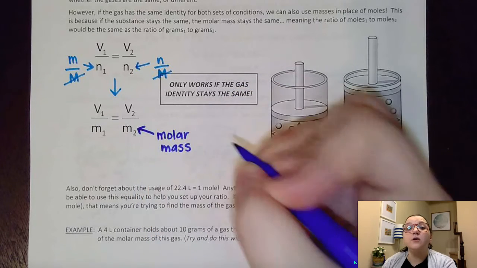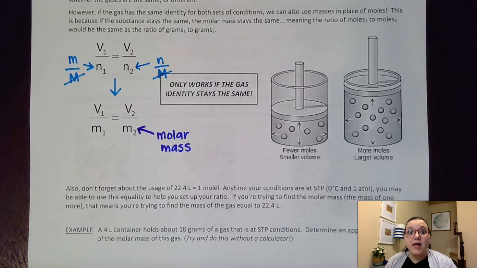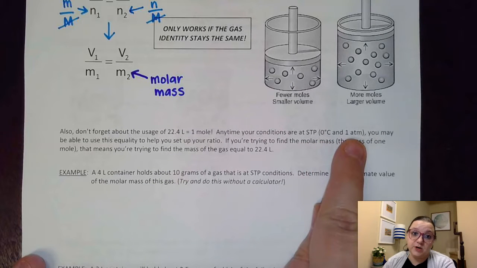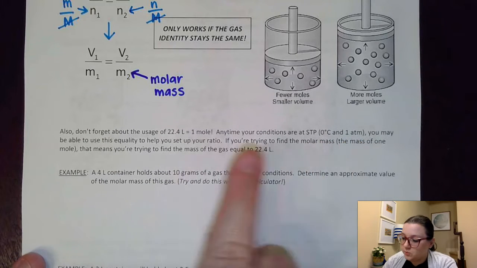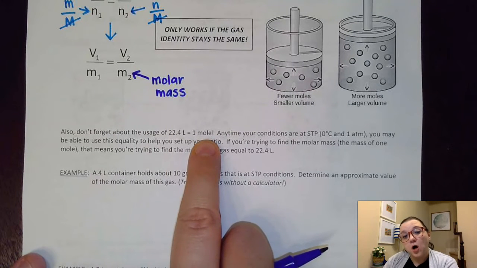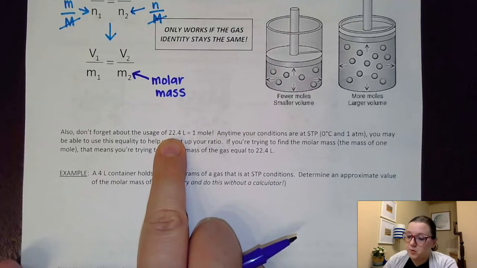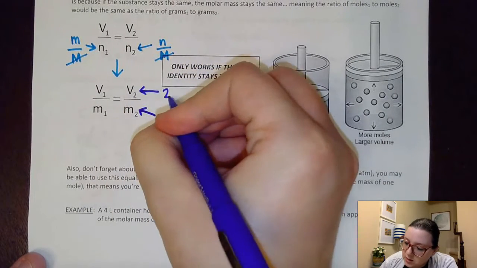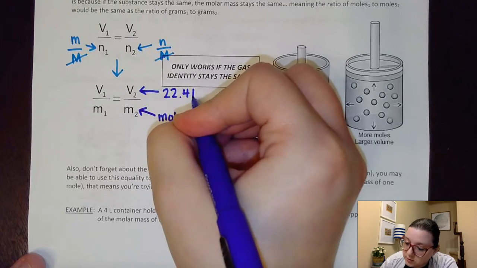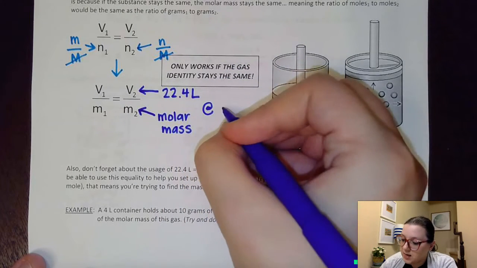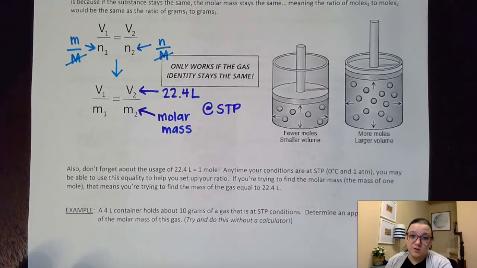As long as your set of conditions are at STP, remember standard temperature and pressure, 0 degrees Celsius and 1 atmosphere, then the helpful conversion we can use is that 1 mole, which is equal to the molar mass, is also equal to 22.4 liters, which means back up here that we could plug in 22.4 liters for our volume. Again, we can do this if we're at STP conditions. So you have to be careful to check for that set of conditions.